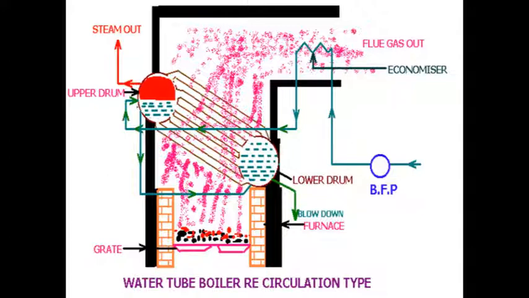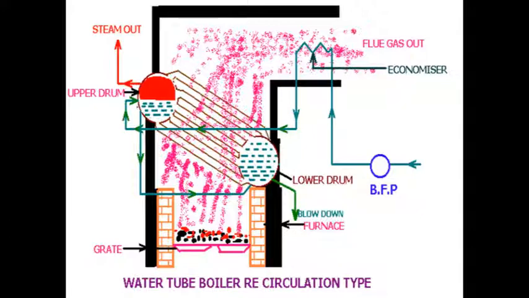From the lower drum there is some arrangement of blowdown also, to prevent accumulation of sludge or impurities and scales. So this is the first concept of circulation that was introduced in the water tube boiler, the recirculation arrangement.